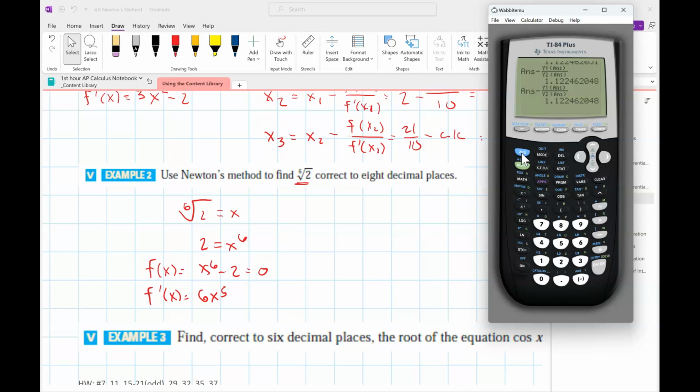Nothing here required technology or a terrible geometric construction with a compass and a straight edge to come up with the sixth root of something. This was fast in comparison.